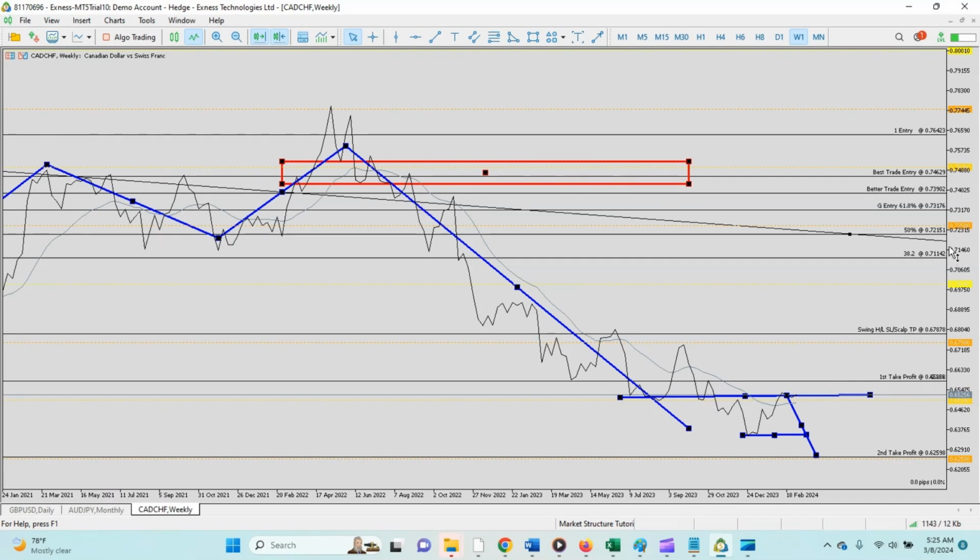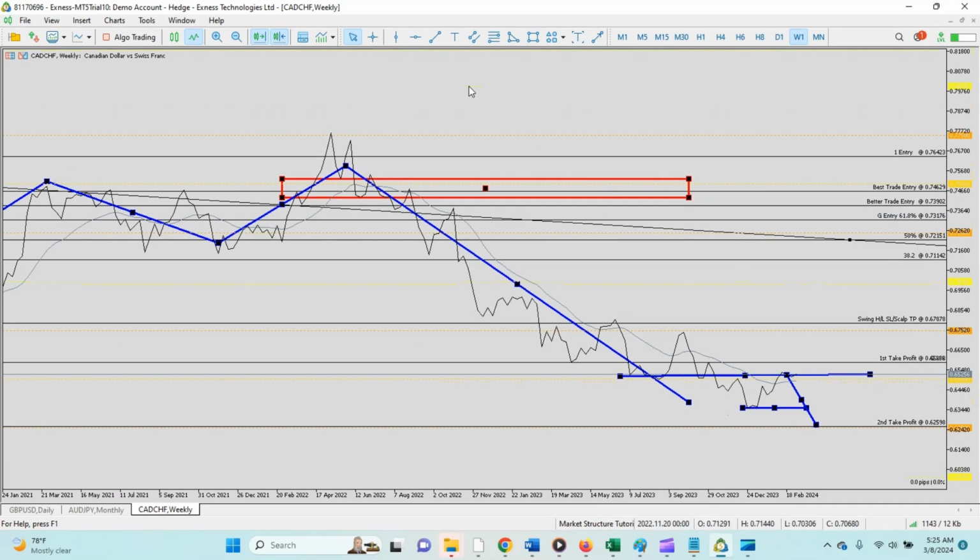It depends on what the fundamentals will offer within the week or next week. So if there is news coming, you have to check the news, CAD news, Canadian dollar news, or CHF news. If there is positive news, it's possible that the market will break this structure, and that will be the beginning of an upward trend in the CAD CHF. But if there is negative news, it may just continue to fall.